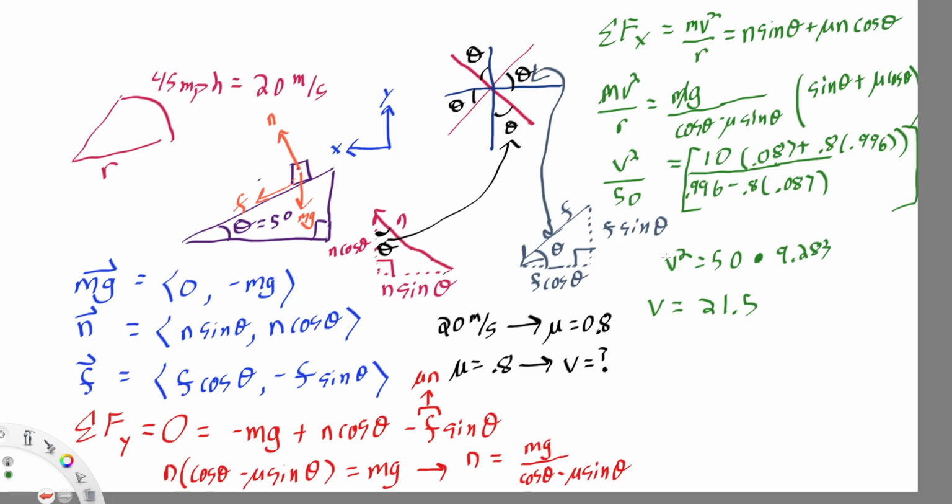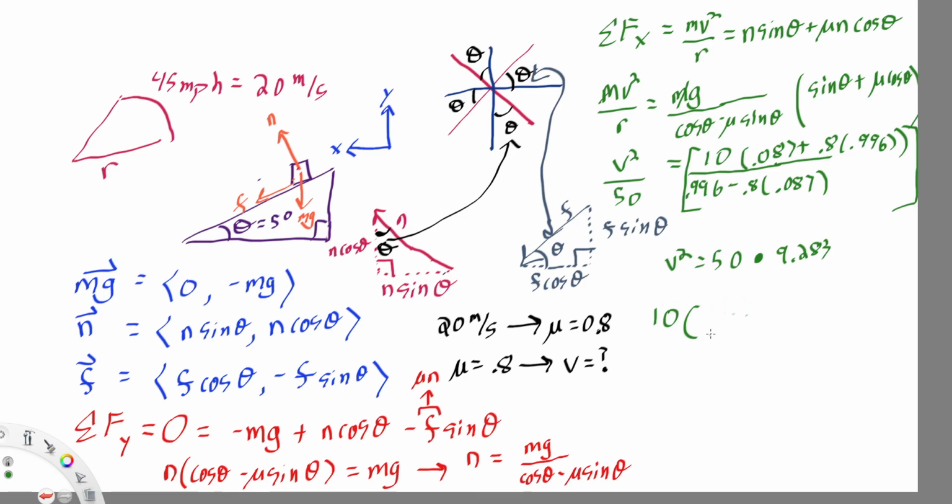All right, let's work through this a little more slowly then. So in the numerator, we have a 10 times sine theta plus mu cosine theta, so 0.087 plus 0.8 times 0.996.